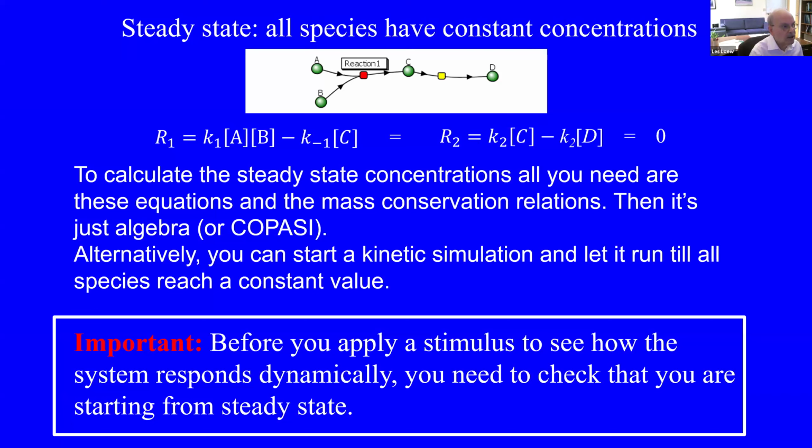Because if you have a system like this that you see in this little reaction diagram, and let's say you add a stimulus where you start destroying molecule D. You can even do this by, let's say D is photochemically active, and you flash it with light, and D becomes destroyed.